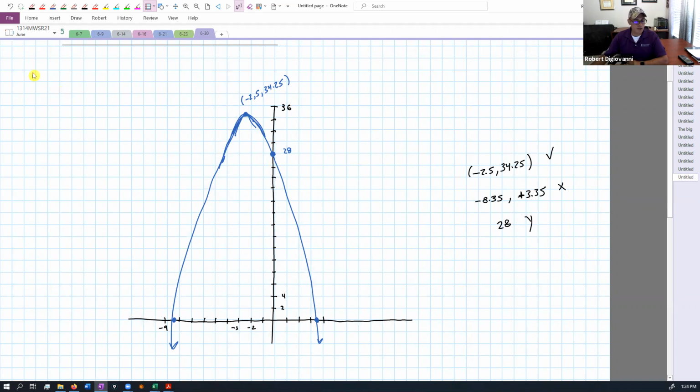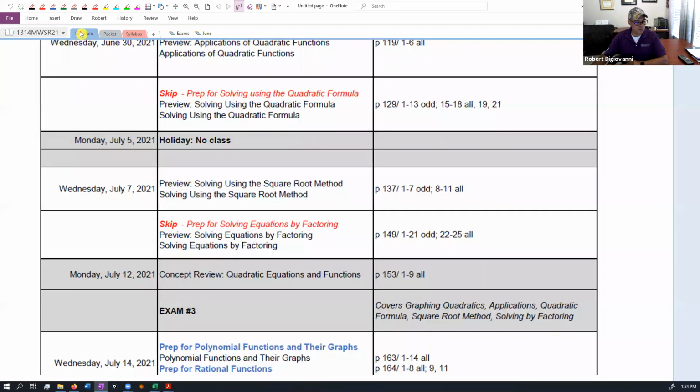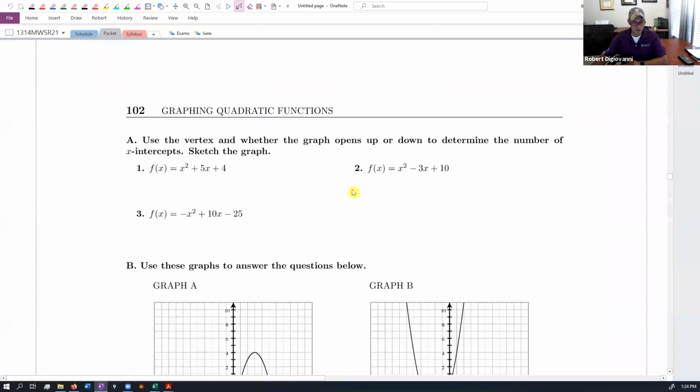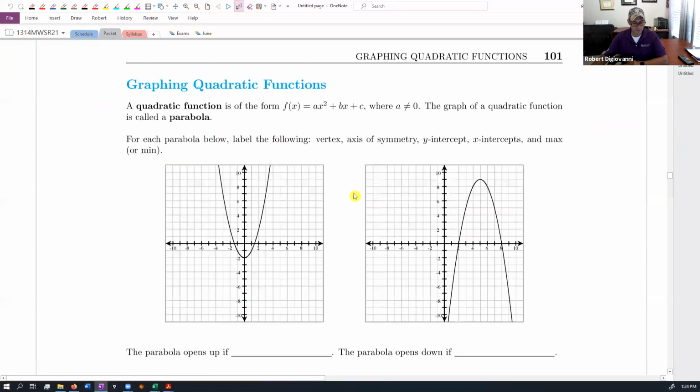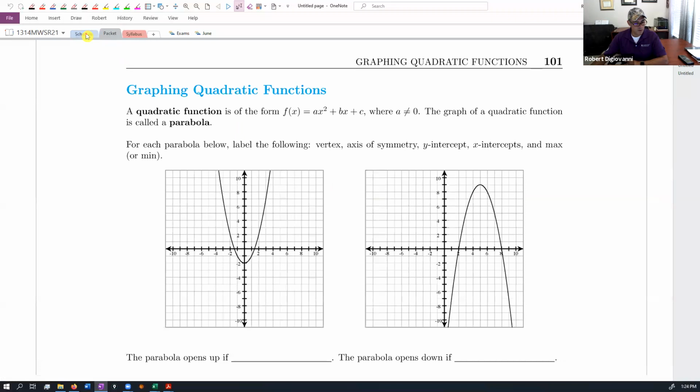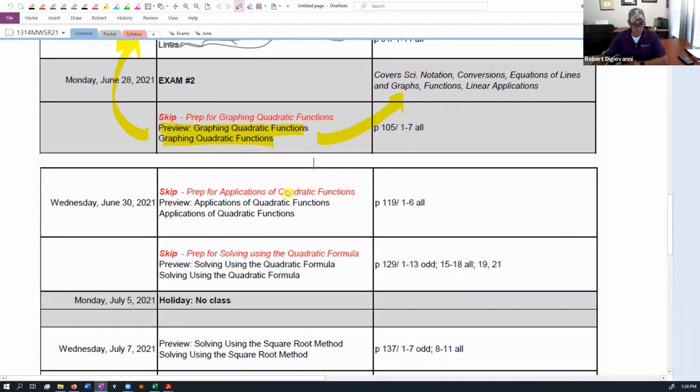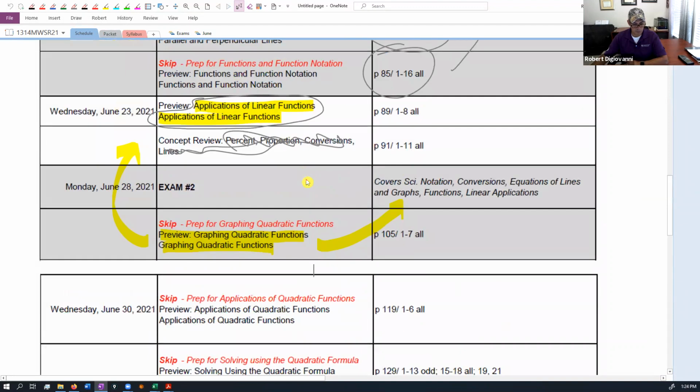What I'd like to do now is take a look at the homework because I want to make sure that you can handle this.